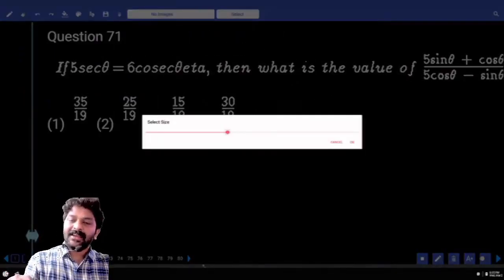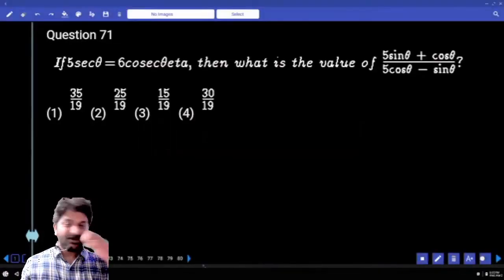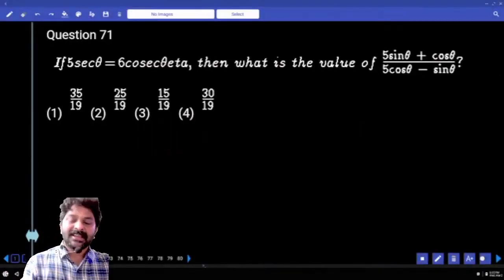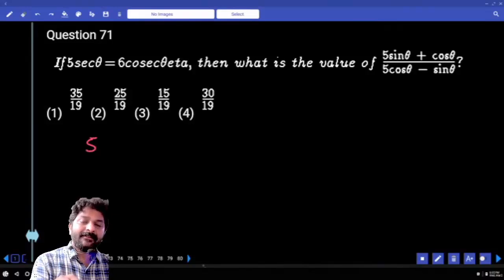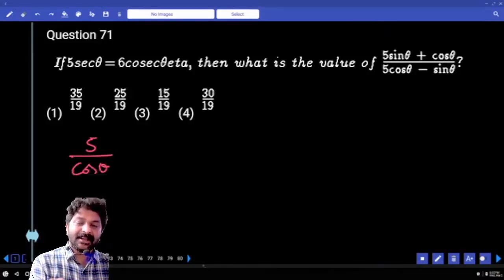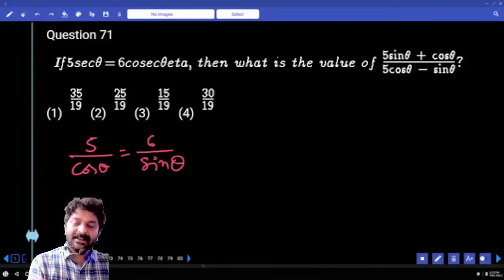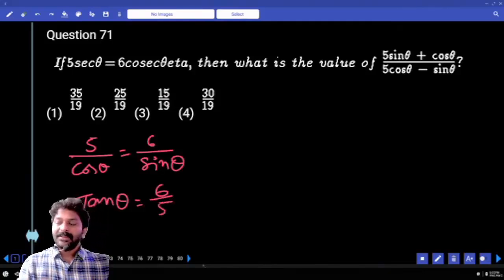Five secant theta is equal to 6 cosecant theta, and we were asked to calculate this value. 5 secant theta, that means 5 by cos theta, is equal to 6 cosecant theta, 6 by sin theta. From this, sin theta by cos theta is equal to 6 by 5. That means tan theta is equal to 6 by 5.